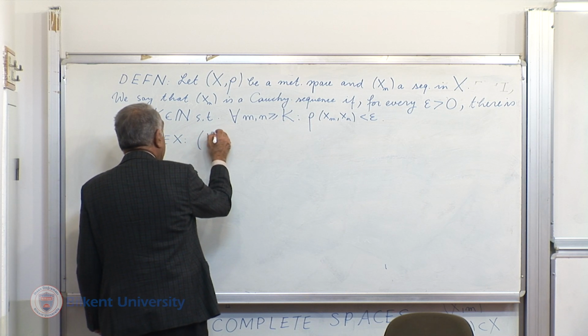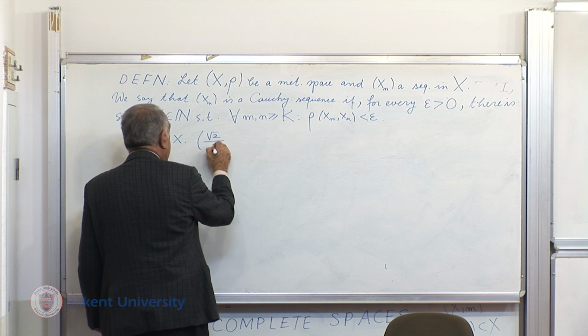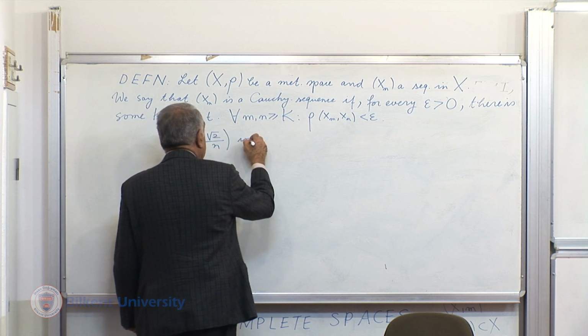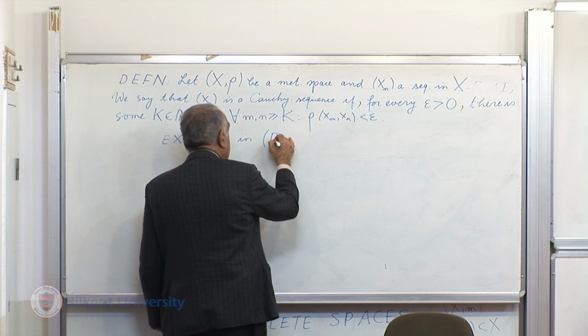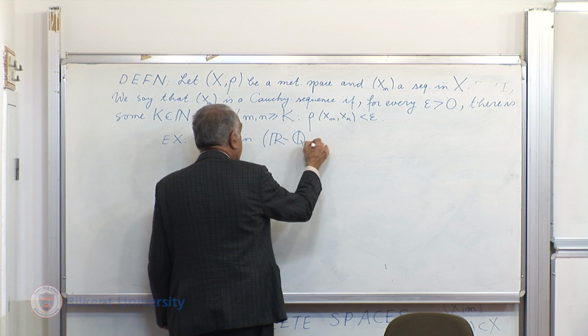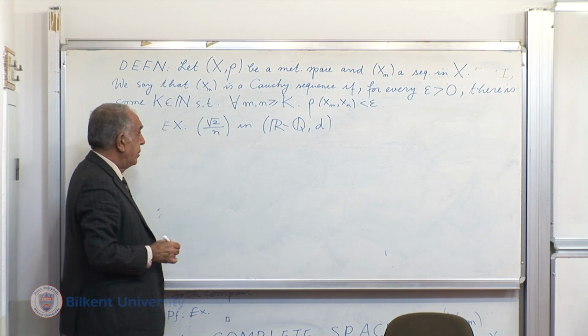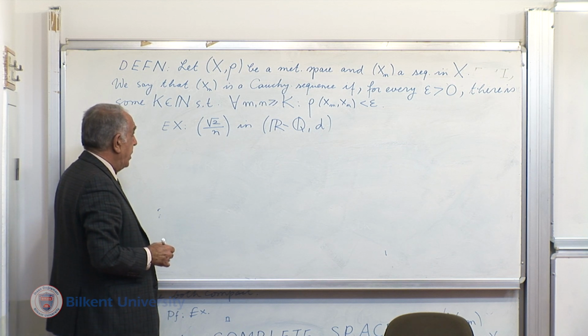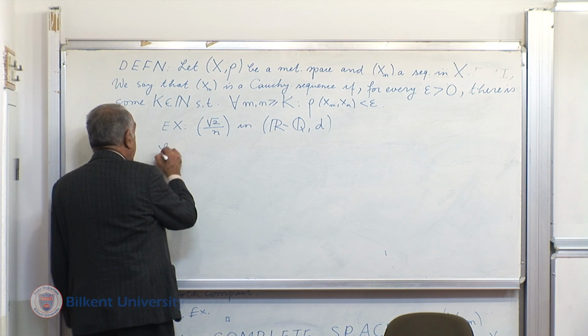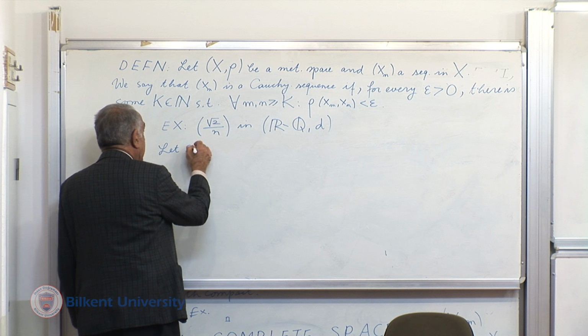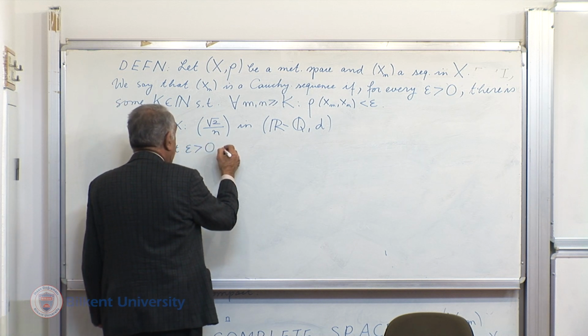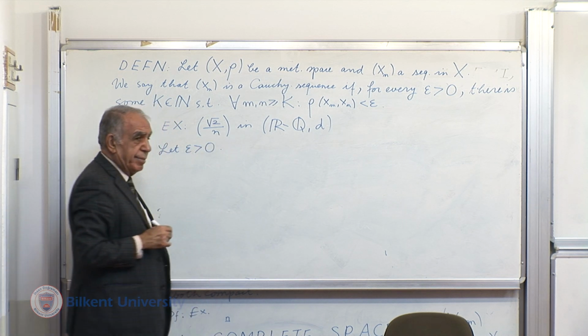So we consider square root of 2 over n in R minus Q_d. Well, let epsilon greater than 0 be given.